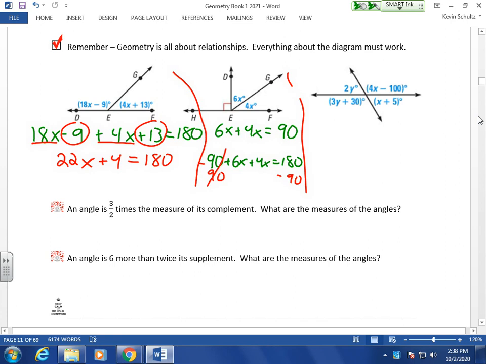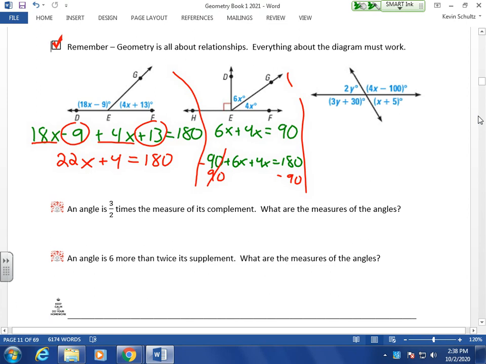I'm going to apologize in advance here, but what relationship can we set up using the angles with x? Are they vertical? Are they a linear pair? Are they complementary? What do you see? Julia?